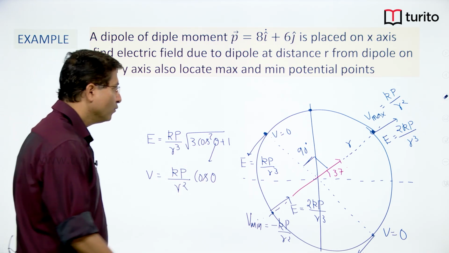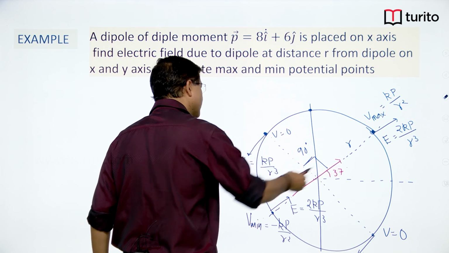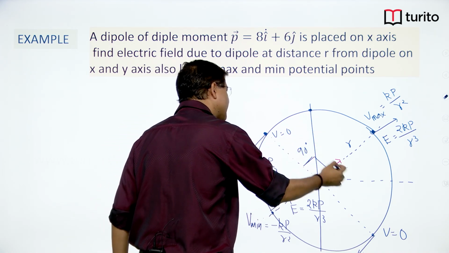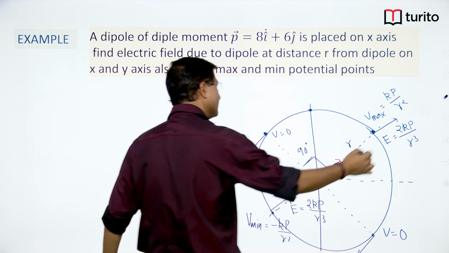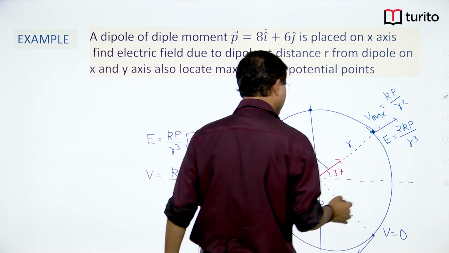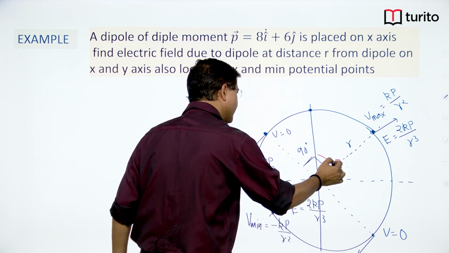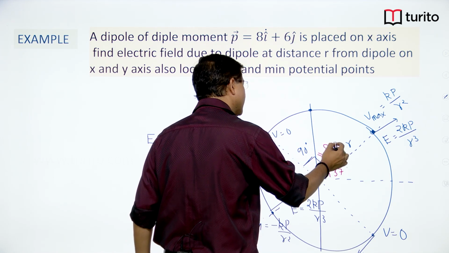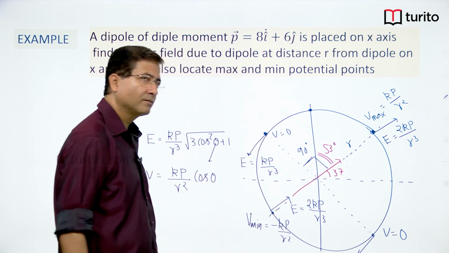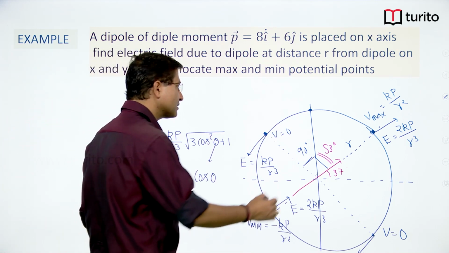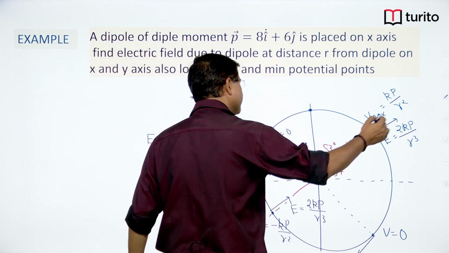Now with respect to this one, the r vector will make this total angle 90, and this remaining angle will be 53, 90 minus 37. So that angle will be 53, and this is nothing but theta.